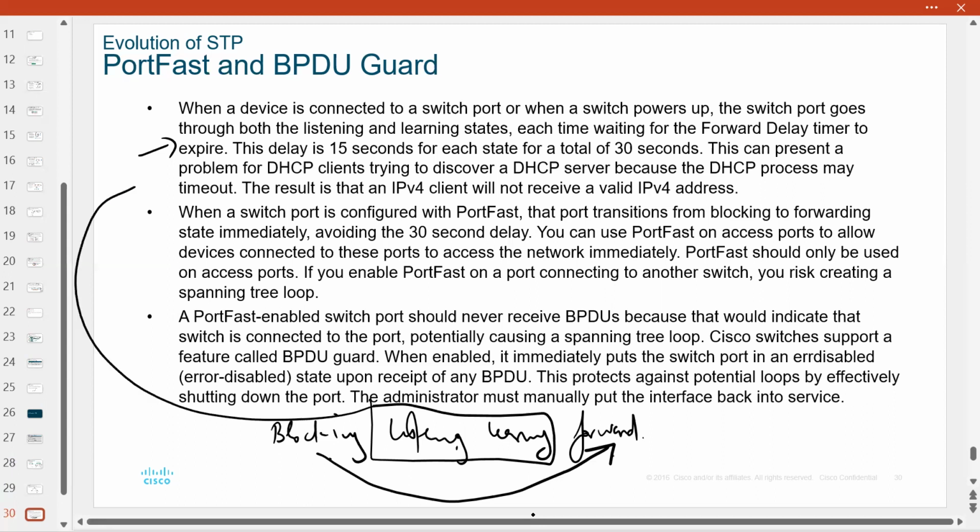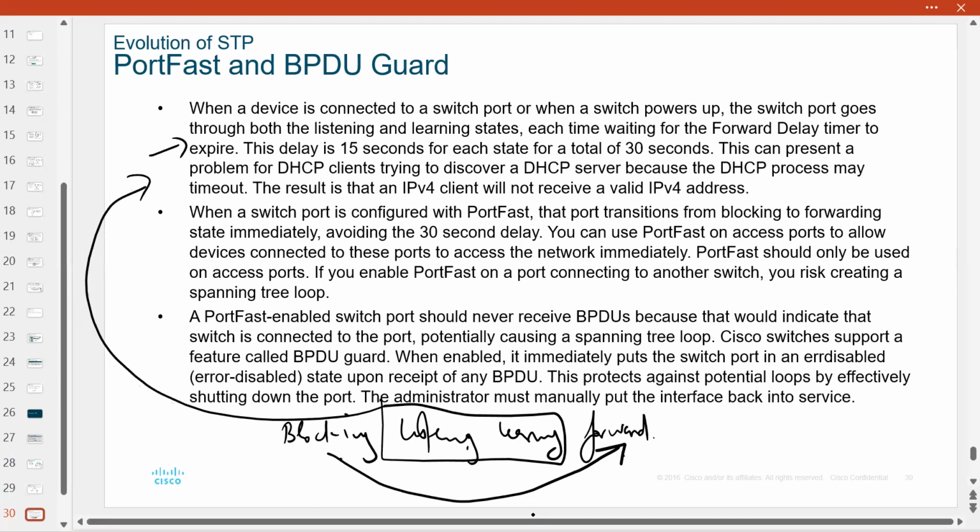This clashes with DHCP, because in DHCP you send requests: discover, offer, request, acknowledge. The whole process of getting an IP address takes a specific time.